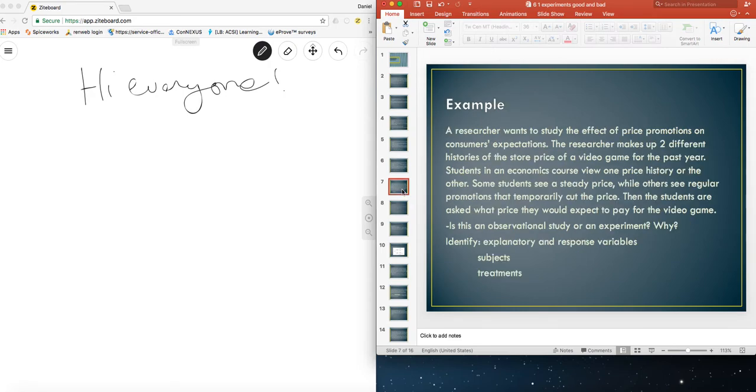Okay, so we're going to read this example, and then I'm going to go through the different things that are there. A researcher wants to study the effects of price promotion on a consumer's expectations. They basically have some kind of video game. And for two different groups, they made up two different price histories. For one group, they had basically the price the same, almost like for a whole year.